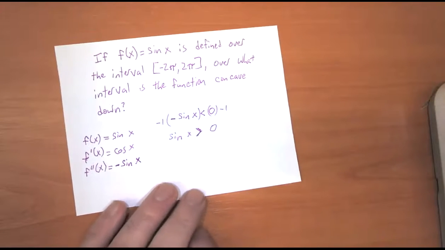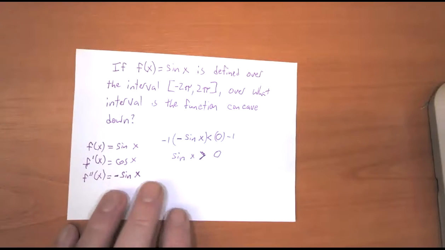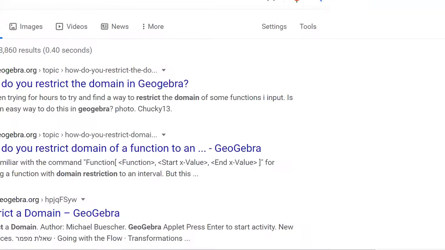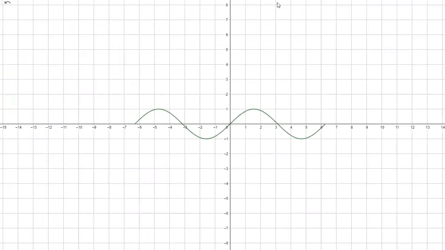Okay, so let's take a look at a graph and see if we can figure out from GeoGebra where the sine of x is greater than 0. And this is kind of a helpful thing to be able to do. All right, so there is our function of sine of x over that domain from -2 pi, which is a little more than -6, to 2 pi, which is a little more than +6.